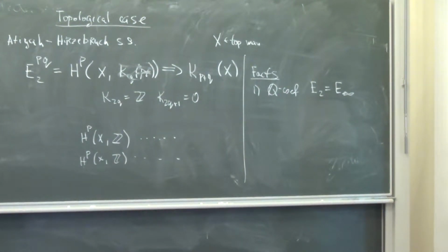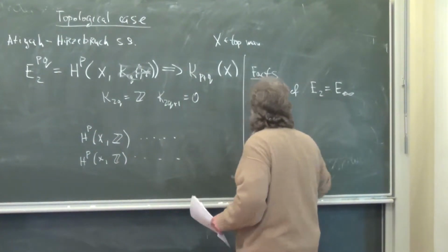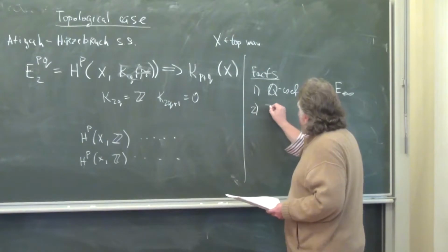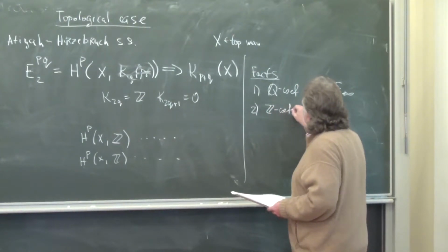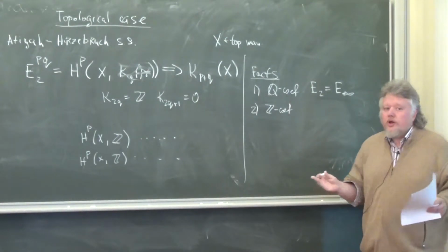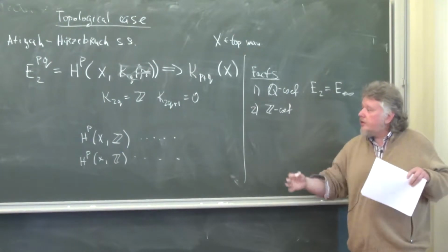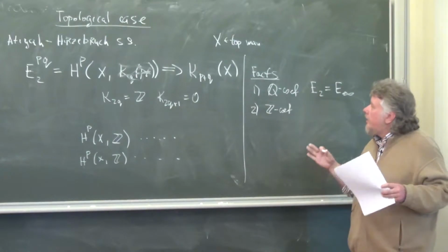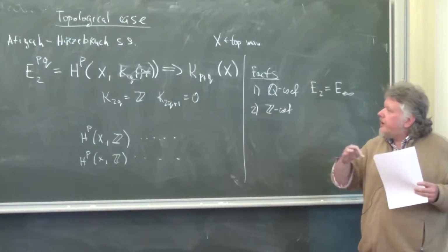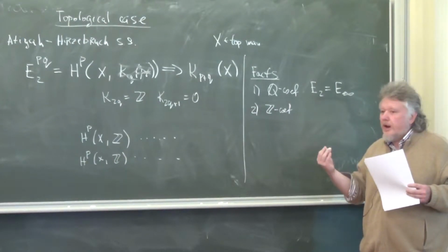And the second thing I want to say: if we consider it with Z coefficients, it becomes too tangled. You cannot say much about this spectral sequence with Z coefficients because it has so many differentials, and all these differentials just reflect effects for different prime numbers.